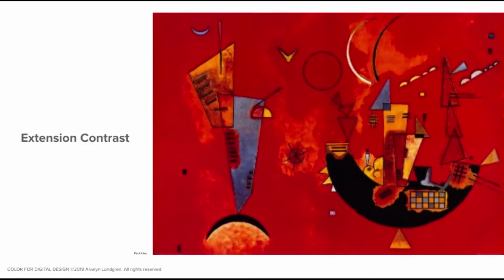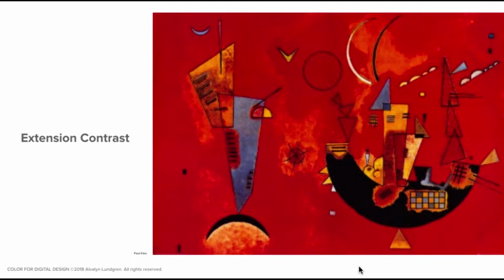Extension contrast deals with proportion of a color. In this painting, the red is dominating everything in terms of its amount, the extent of it, compared to the blue. So the red is kind of the bully in a way, but it creates a certain kind of mood and visual impression. And then we start noticing the blue and the yellow.